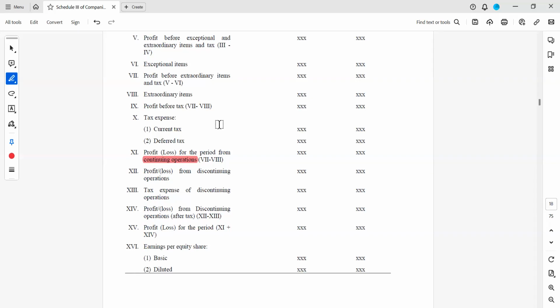Then all lenders, like if there is any bank loan, they will also come and give their concurrence that yes, we are agreeing to the deal. Then they will issue the order that you can sell this particular unit.